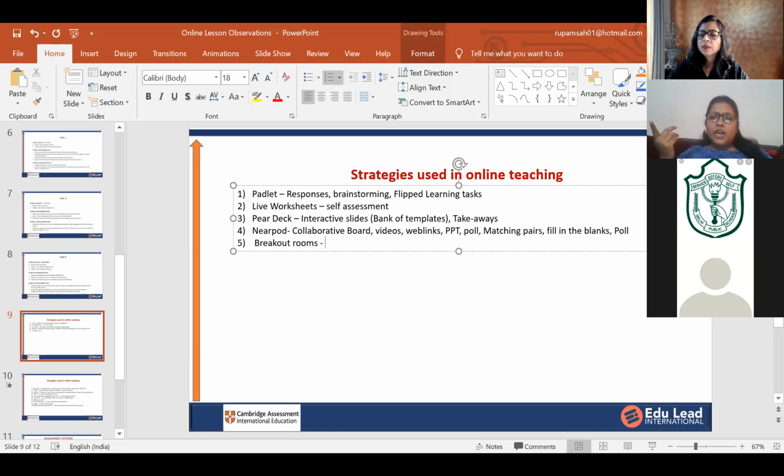Yes, children are separated out, and you can keep on moving from one room to another very easily. In fact, I'm taking teachers' meetings also in this way. If I have to take subject meetings and go from one subject to another, it happens very effectively. Very good. So you're doing online collaborative work, breakout rooms for group work.